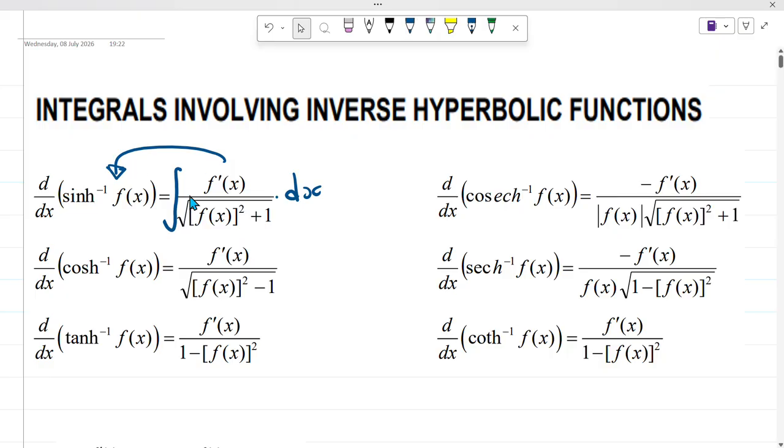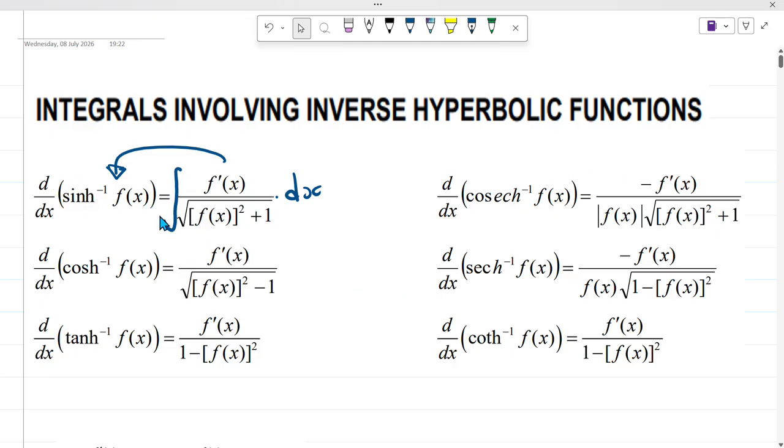So we'll be given this format, and then we'll conclude that it is hyperbolic sine inverse of f of x. The same explanation applies to all of these other ones: cosec inverse, sec inverse, cot inverse, cos inverse, hyperbolic tan inverse, of course. We'll be given these right hand sides, and then we conclude that this is this.